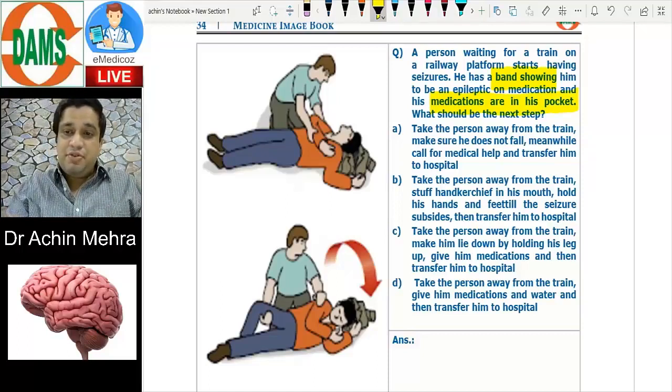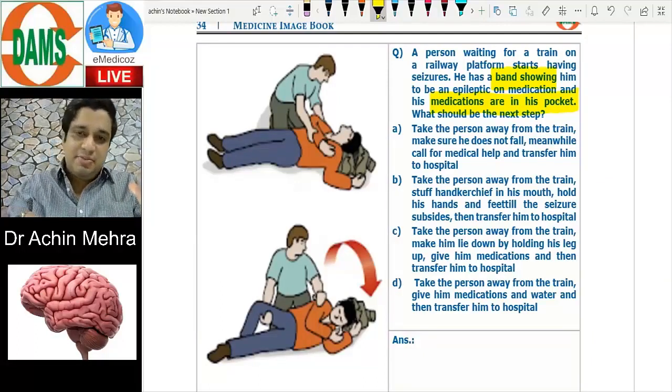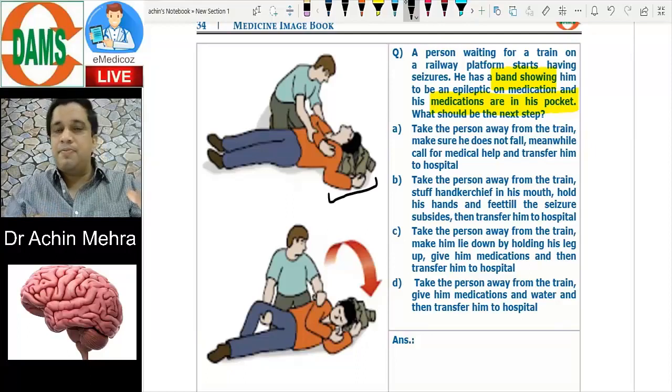Remember this first of all: in an epileptic patient, as I've tried to show in this image, we should try to stabilize the patient. Like in this image, there is a bag or maybe a cloth which has been placed below the patient's head and the neck region. Any patient who is having an episode of GTCS, maybe outside the hospital, you should try to stabilize the patient and place the patient in a very safe position.